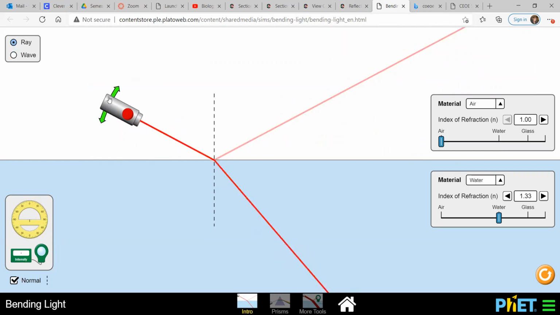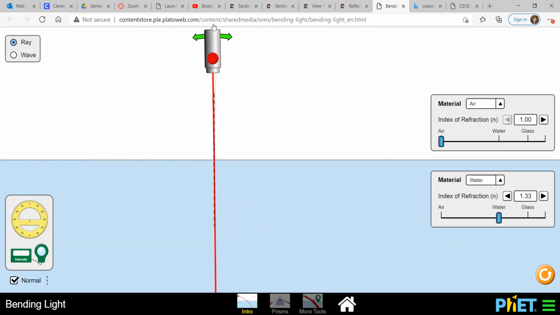If something hits it straight on, there's no bending going on right now.